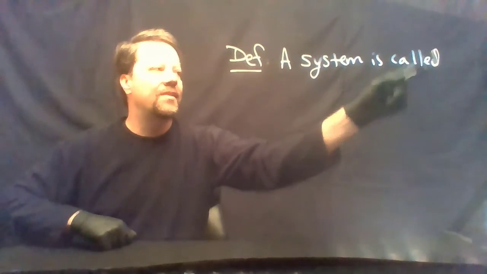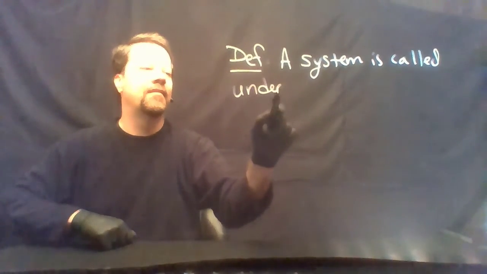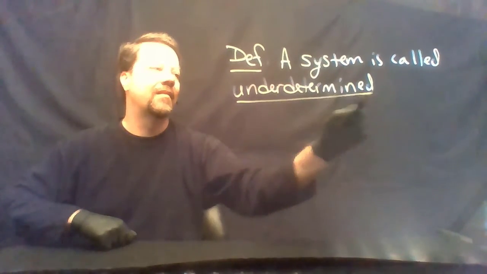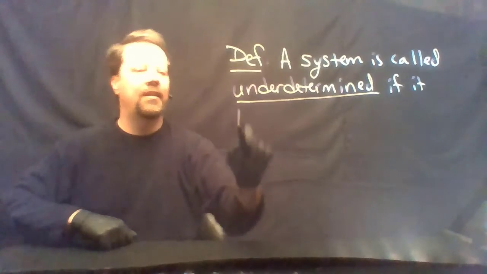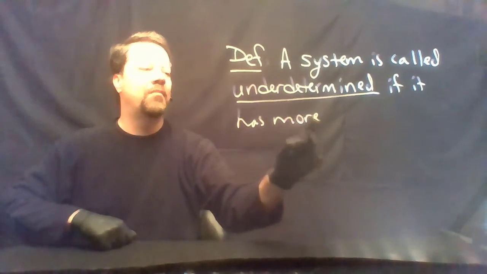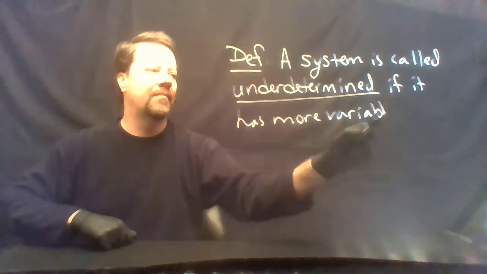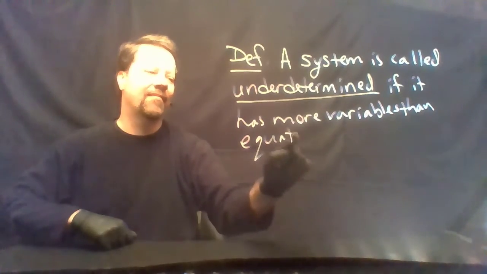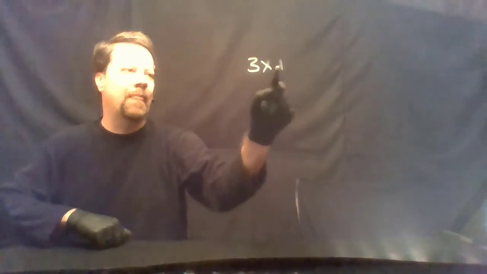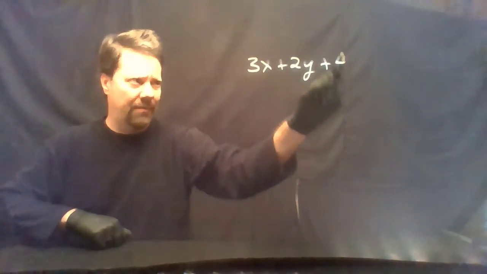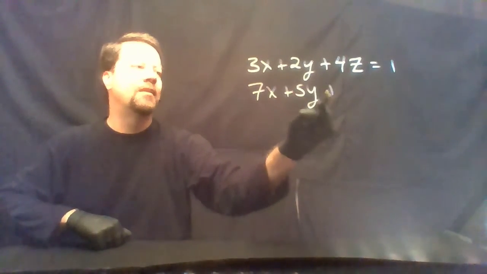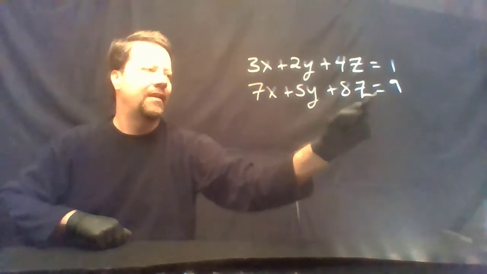The system is called underdetermined if it has more variables than equations. Let me give you an example. 3x plus 2y plus 4z equals 1. 7x plus 5y plus 8z equals 9.